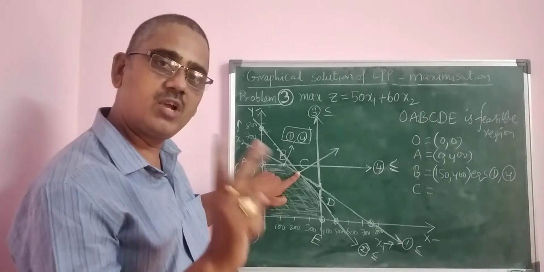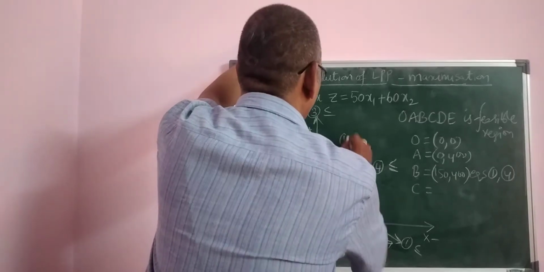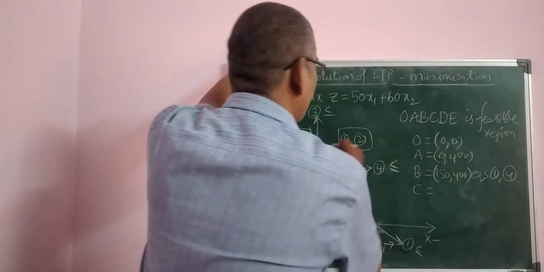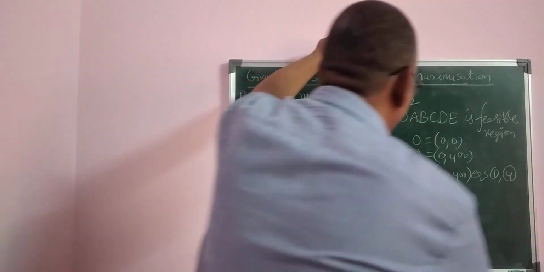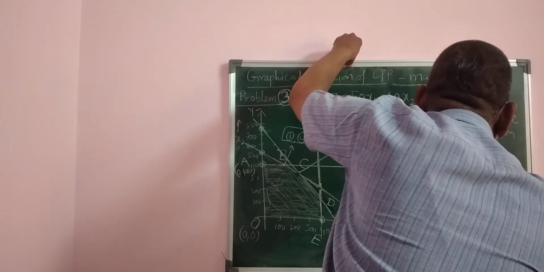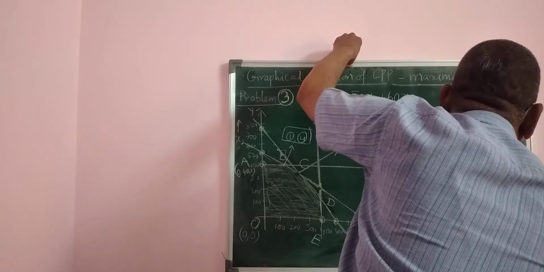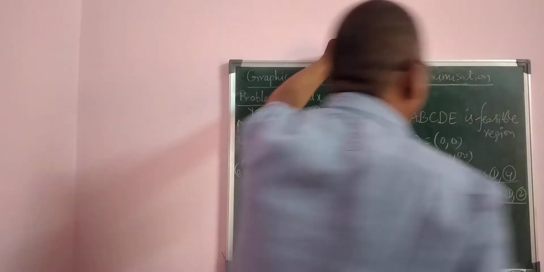If you solve equations 1 and 2, you will get the value of C. The value of C is 300 and 300, by solving equations 1 and 2.